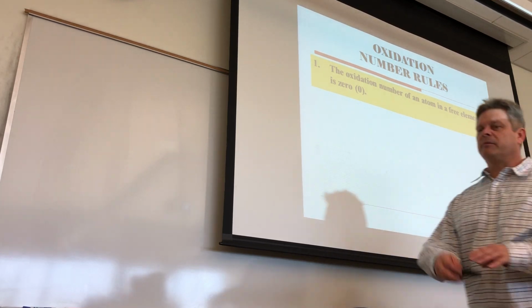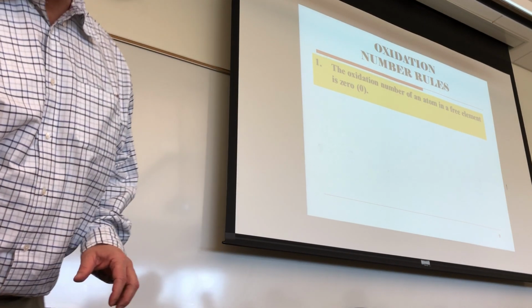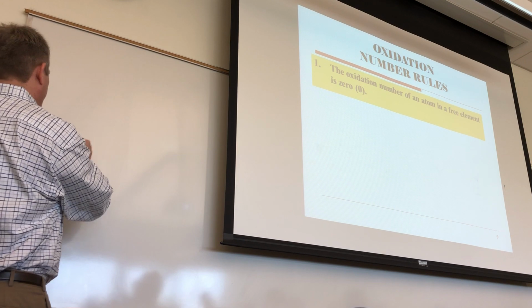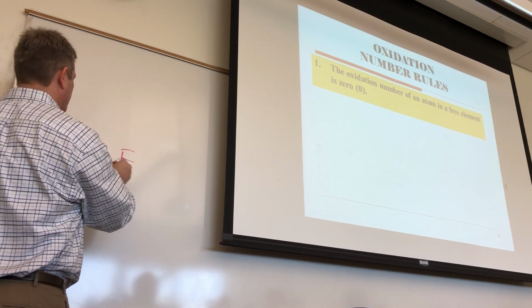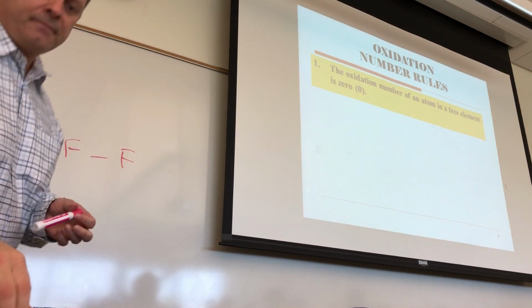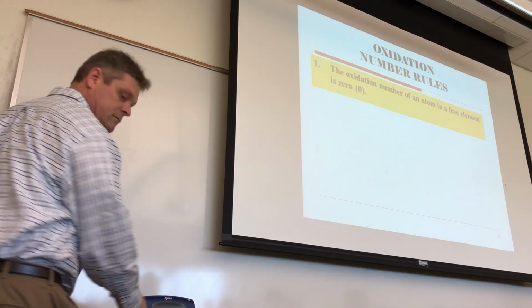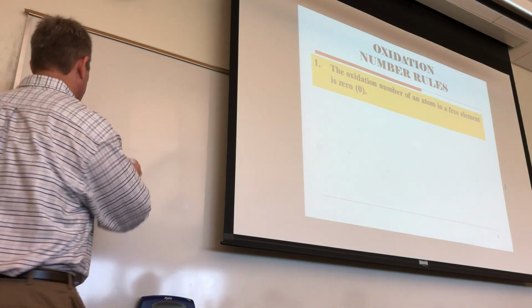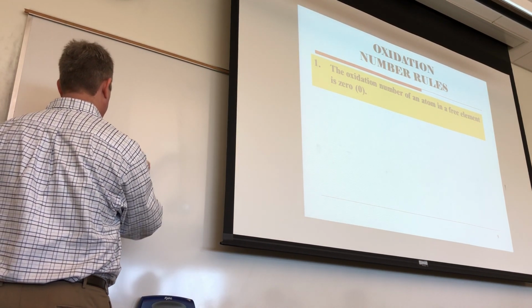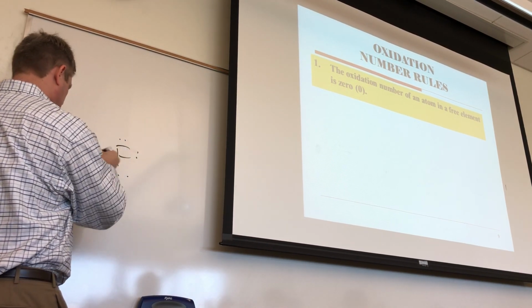Okay. All that's saying is this. I want to make sure this is clear because I know this is something that's brushed over quickly and not fully understood. So if I have F here connected to an F here, what am I putting up here?